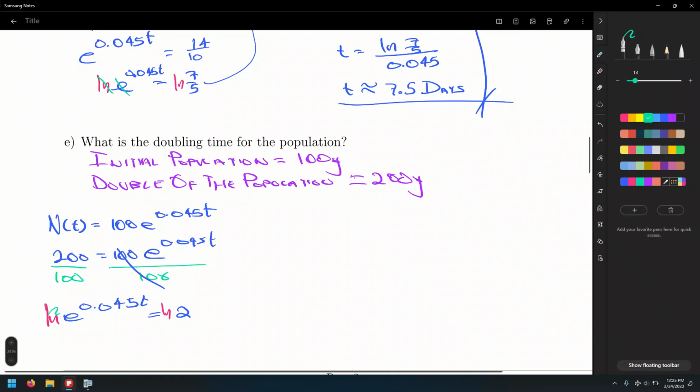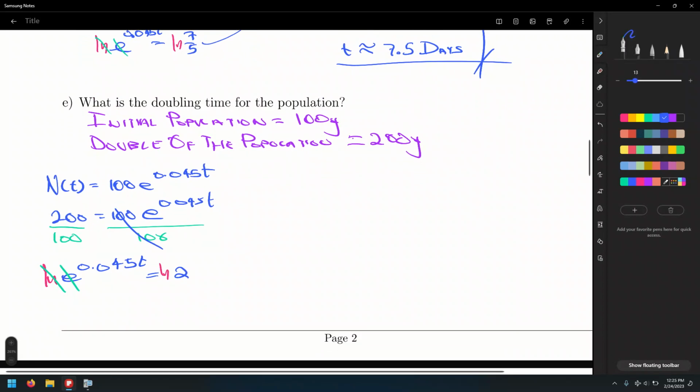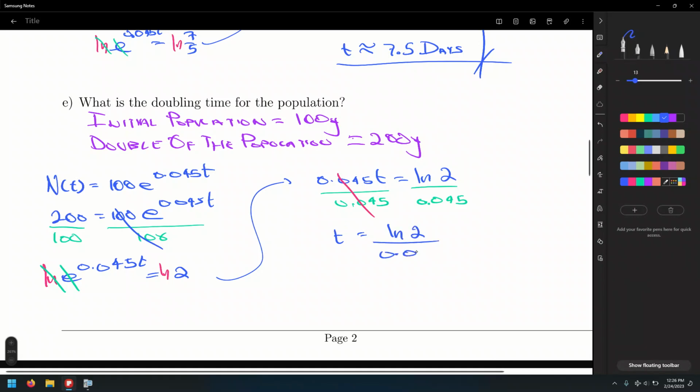Cancel the logarithm with the exponential on the left hand side, and we're pretty much ready to solve for t. So that's going to take us to 0.045t equals ln of 2. And just divide both sides by 0.045 the same way we did in the previous part. And so that cancels. That's t equals ln of 2 over 0.045.